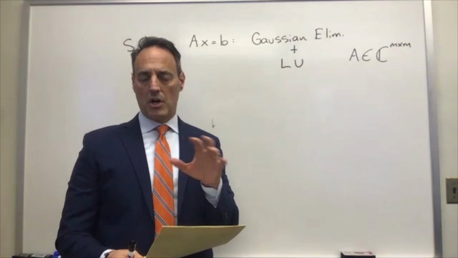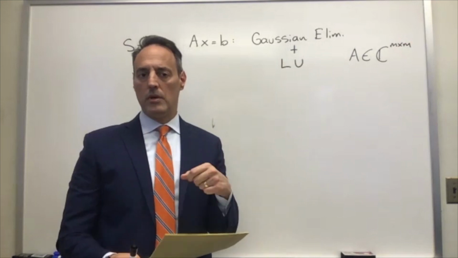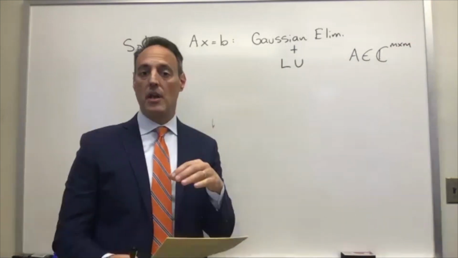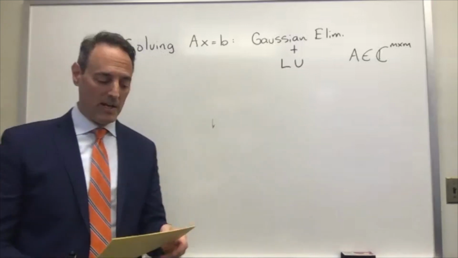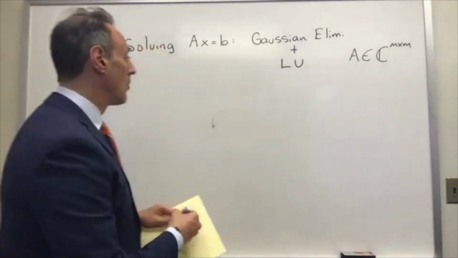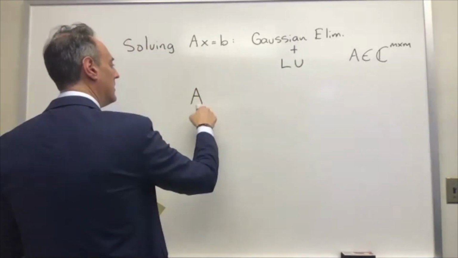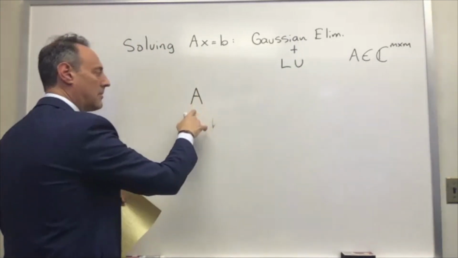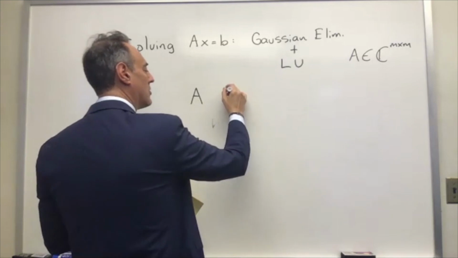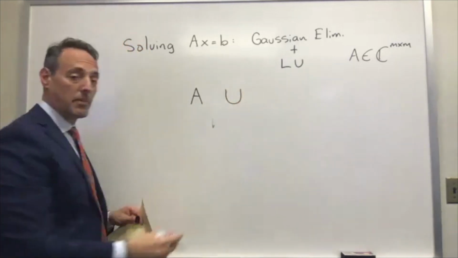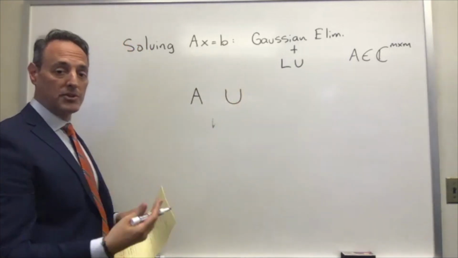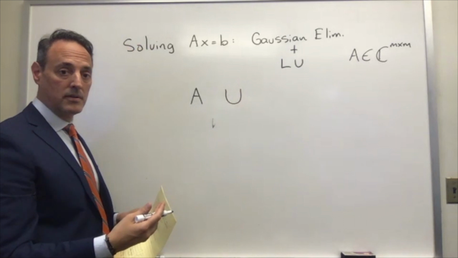First of all, let's talk about what we would normally do in Gaussian elimination and what we would also do in LU. In Gaussian elimination, your goal is to take this matrix A and turn it into some upper triangular matrix through a set of operations.